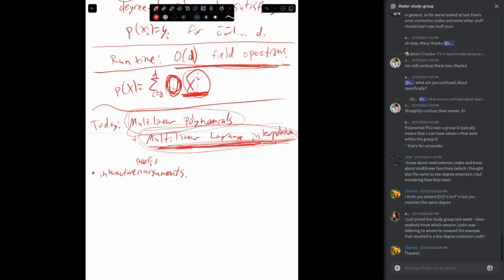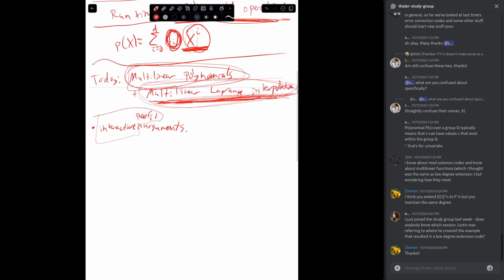The reason to cover multilinear polynomials and multilinear Lagrange interpolation is that they are the fundamental objects used to build efficient interactive proofs. Let me pause there and see if anyone wants to ask any questions about the recap or what we're going to do today.